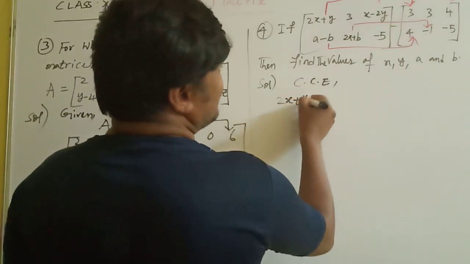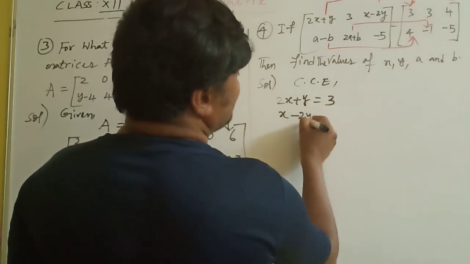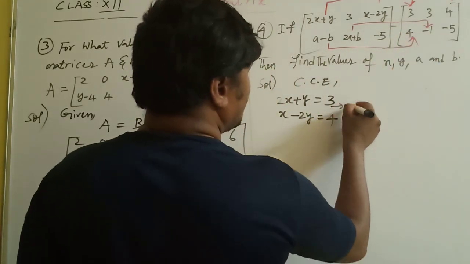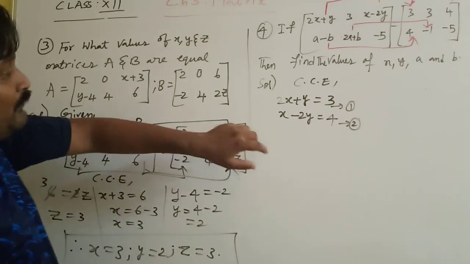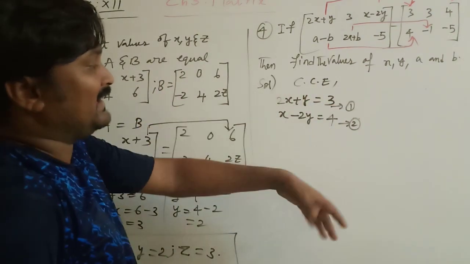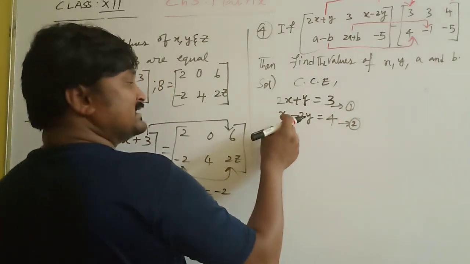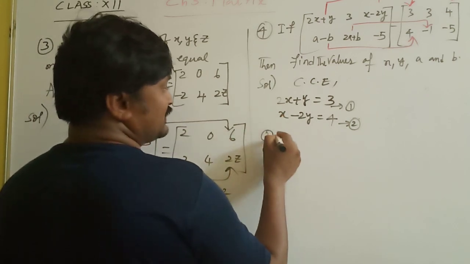2x plus y is equal to 3, x minus 2y is equal to 4. Equation 1, equation 2. What I will do here, I want easy calculation. So for that purpose, let me solve this itself. Here multiply the second one with 2.